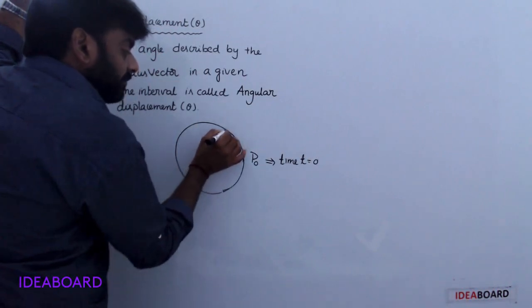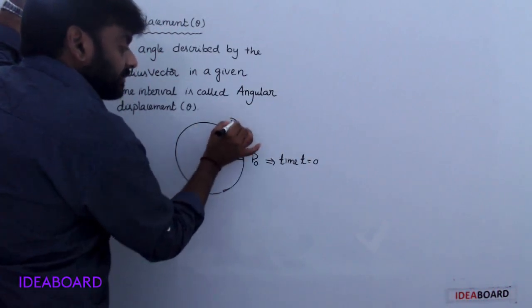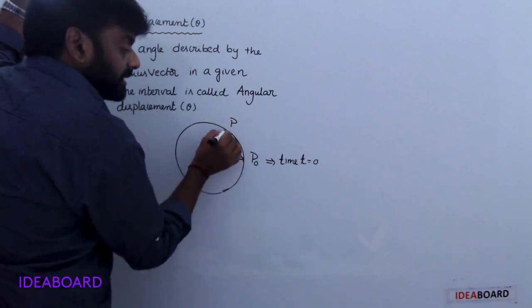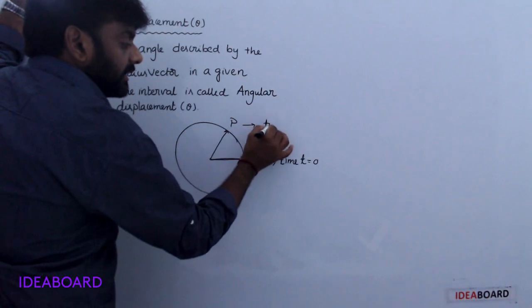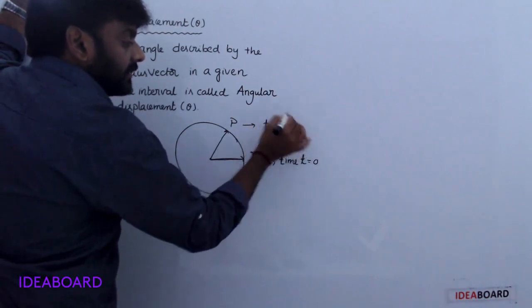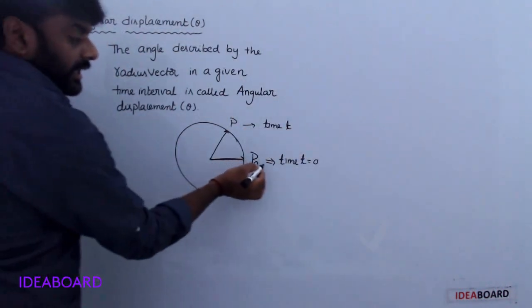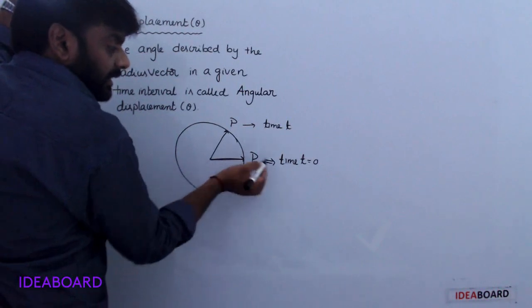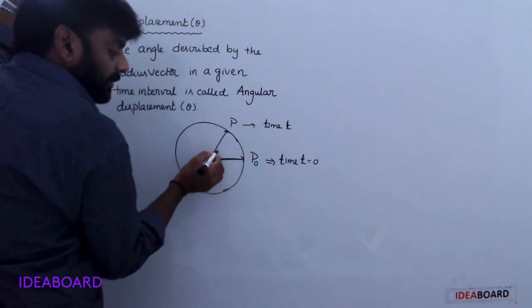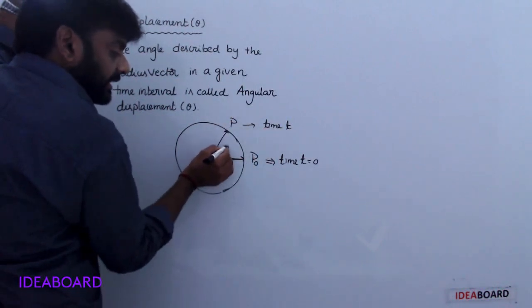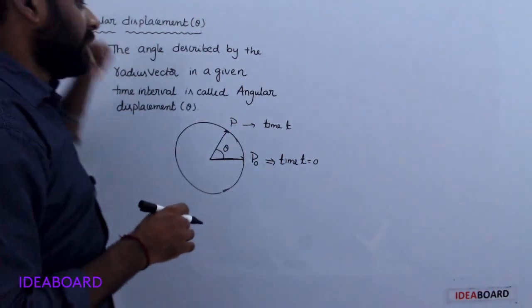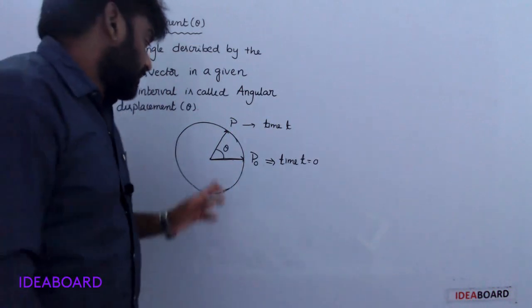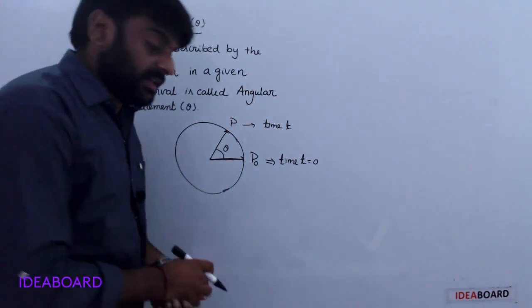After a certain time, this is the position of the particle at time t. It makes an angle theta. This angle theta is nothing but the angular displacement.